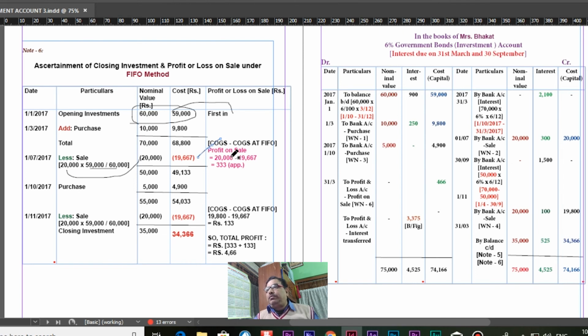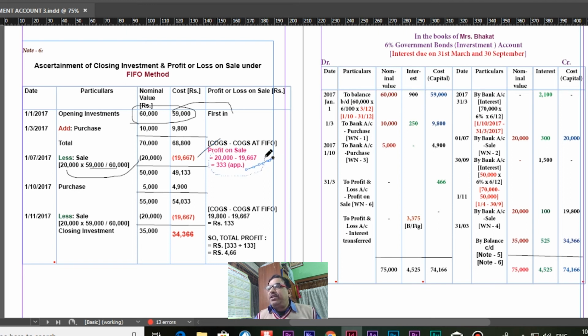Mind it. And it is the cost of goods sold for amount of rupees 20,000 bonds under FIFO method is now 19,667. Therefore, you have to deduct this amount.